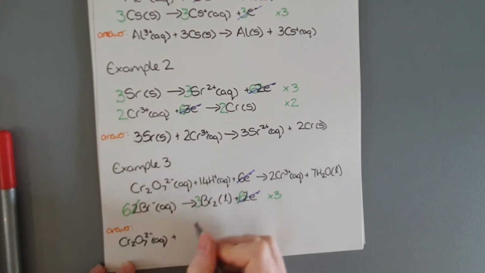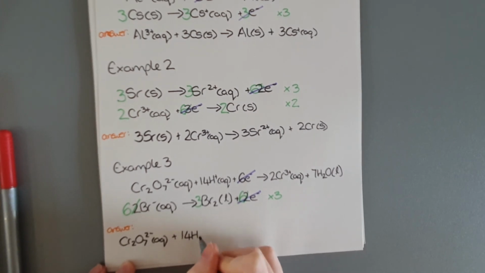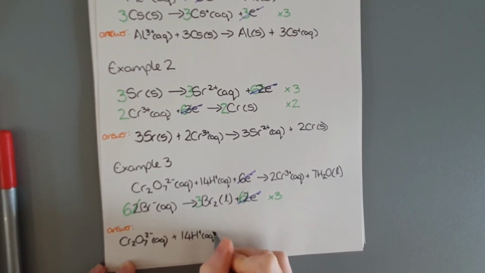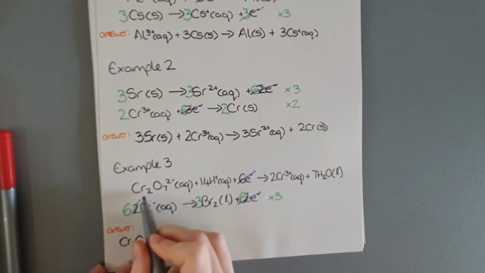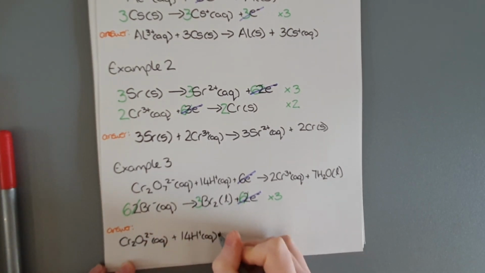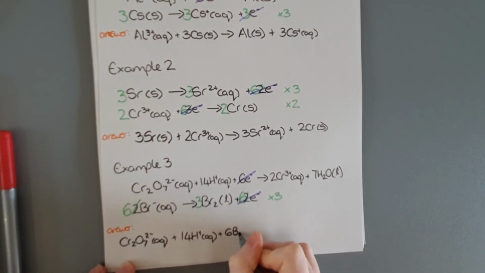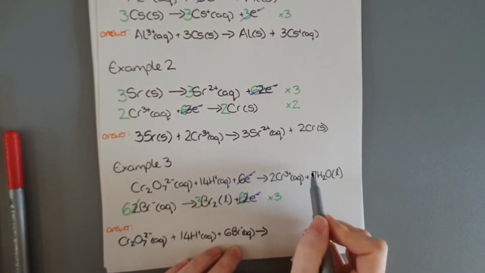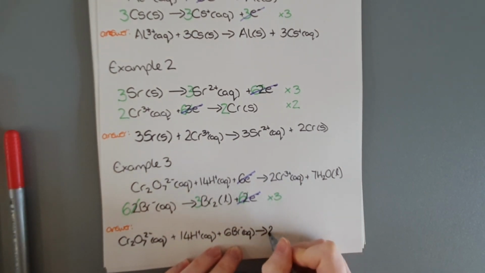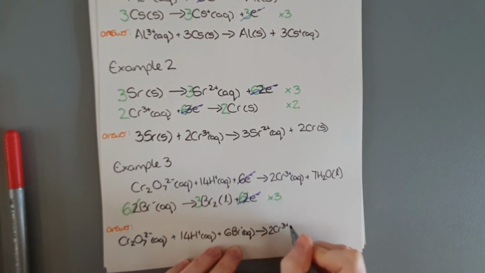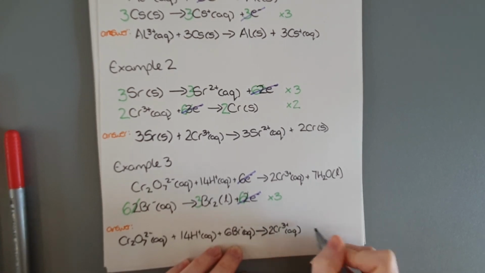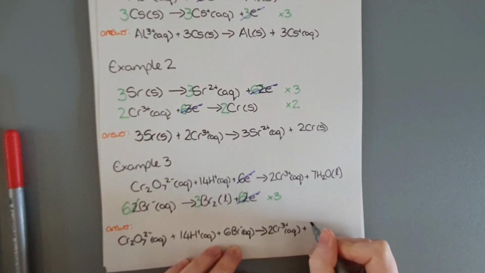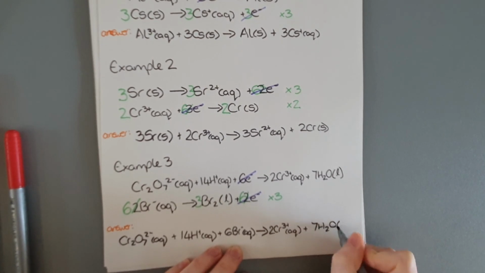plus 14 H+ aqueous, plus 6 Br- aqueous. And then on the right of your arrow, you want 2 Cr3+ aqueous, plus 7 H2O liquids.